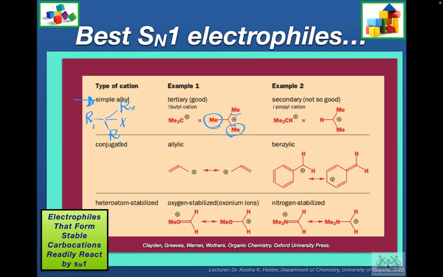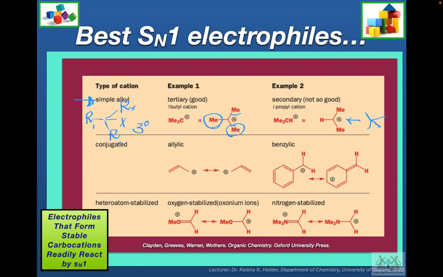And of course, when you compare it to the other option, which is here, so this is a tertiary substituted electrophile. And what you have here before you is the result of a secondary substituted electrophile. It's not as efficient for SN1 reactions because the substitution is less, which means that the carbocation is less stabilized.